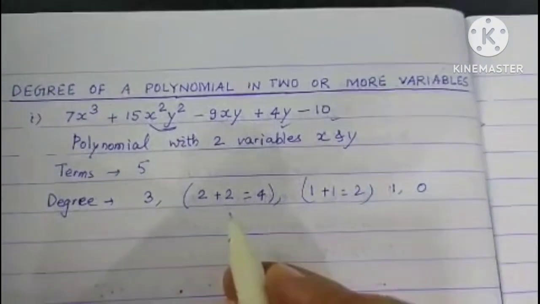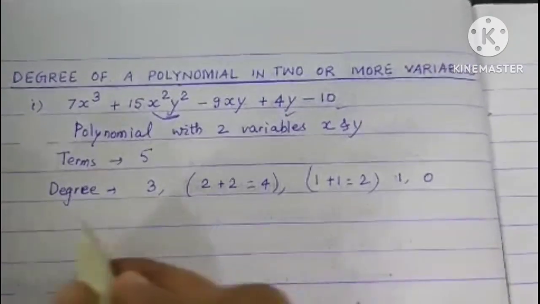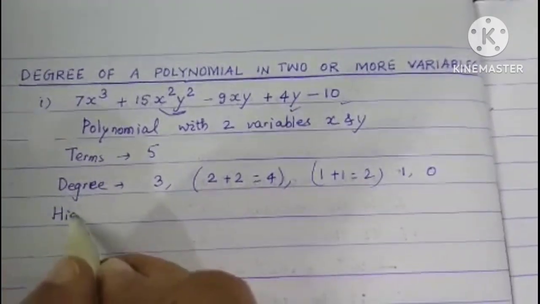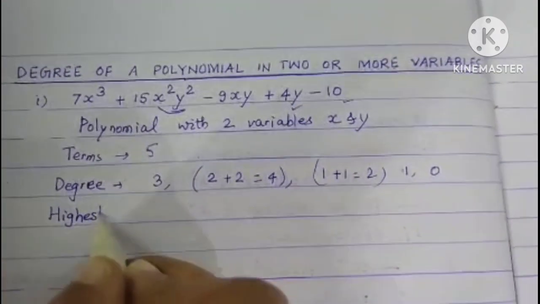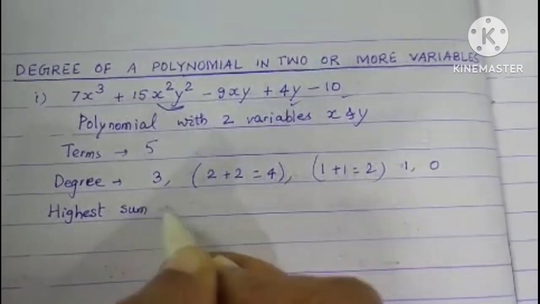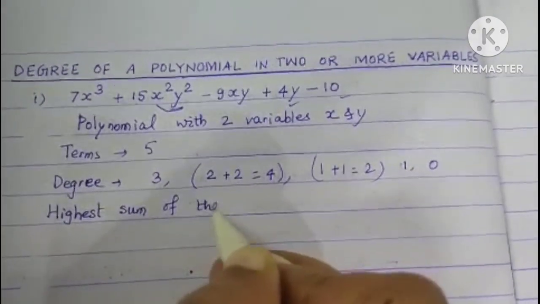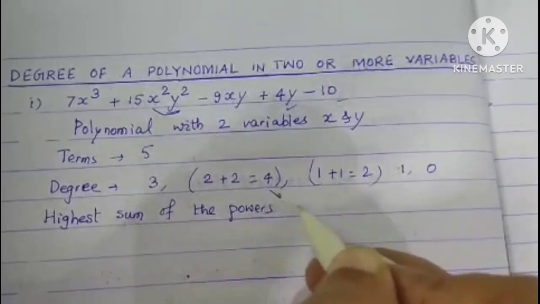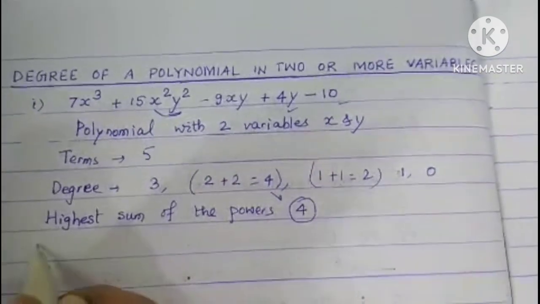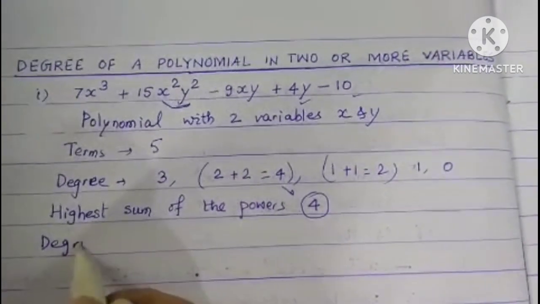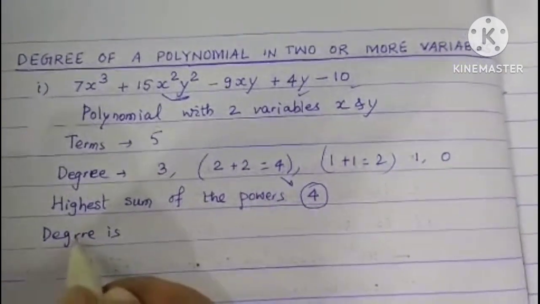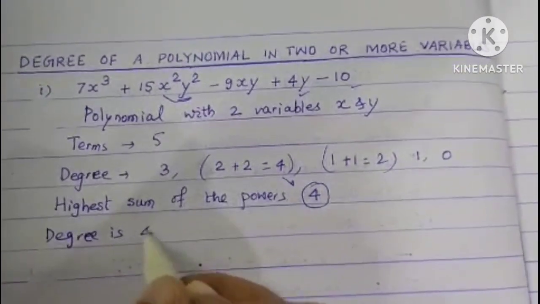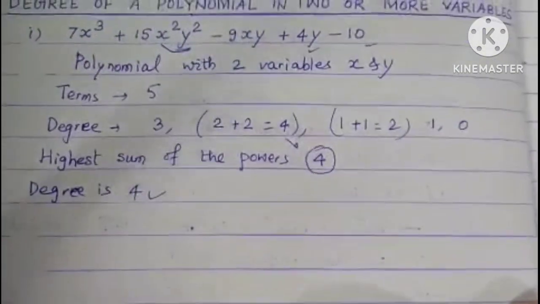So the highest sum of the powers in one term is 4. So we will say that the degree is 4 in this polynomial.